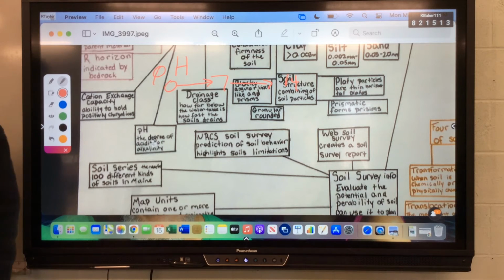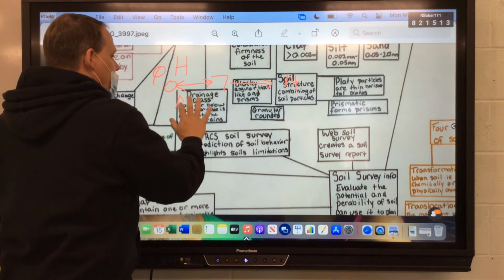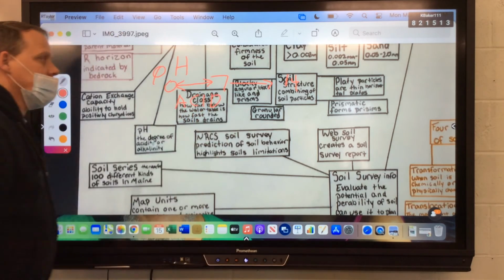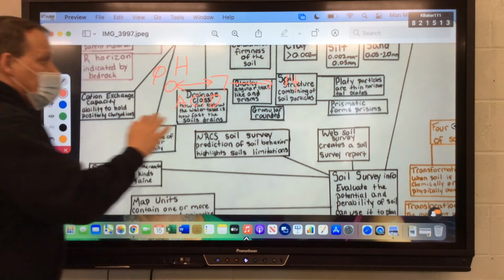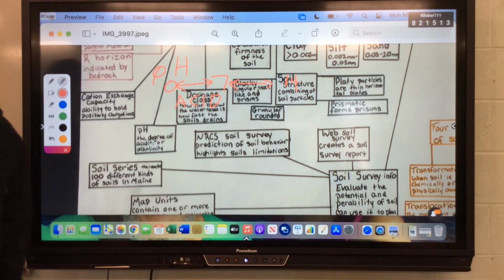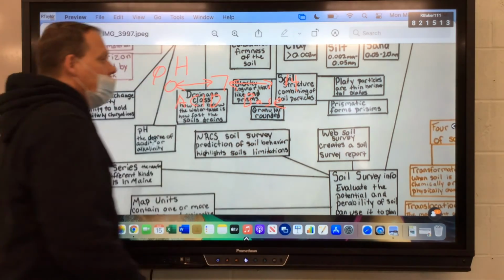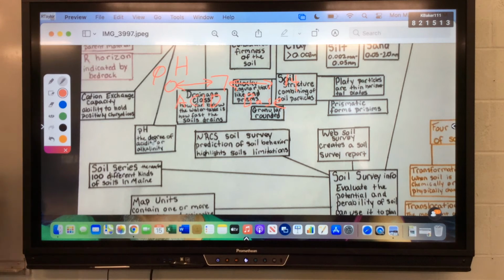If it's between 0 and 7, it is an acid. And if you're from 7 to 14, you are a base. And 7 is what we call neutral. It's neither acid nor base.